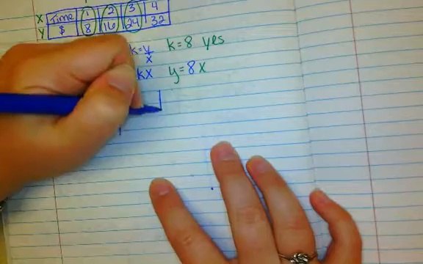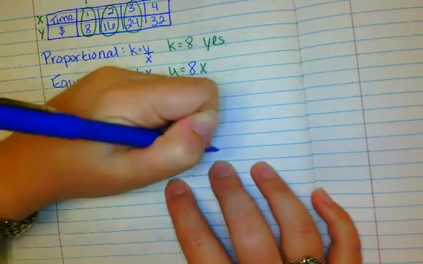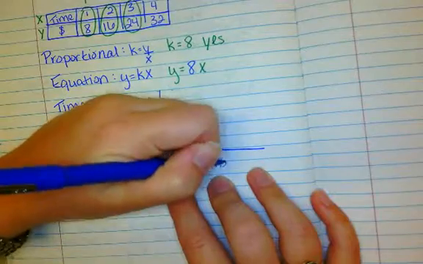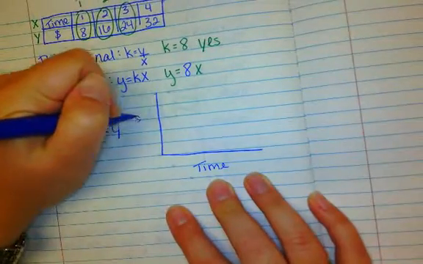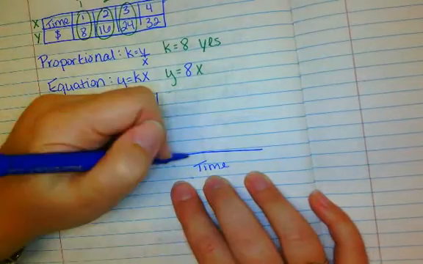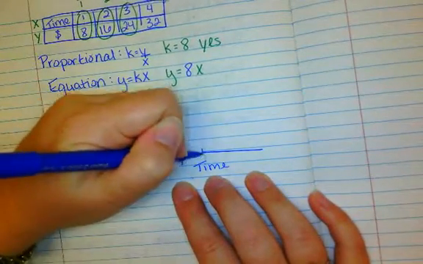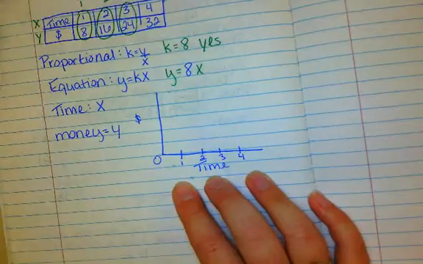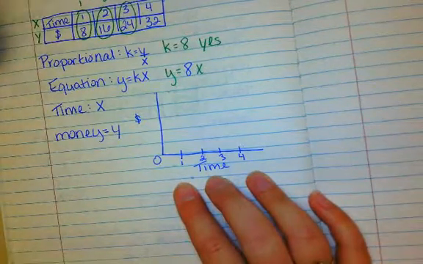If I were to then make a table with this, or a graph with this, my x is time, my y is money. I need to go up to 4 with my x-axis, so 1, 2, 3, 4, and I need to go all the way up to 32.